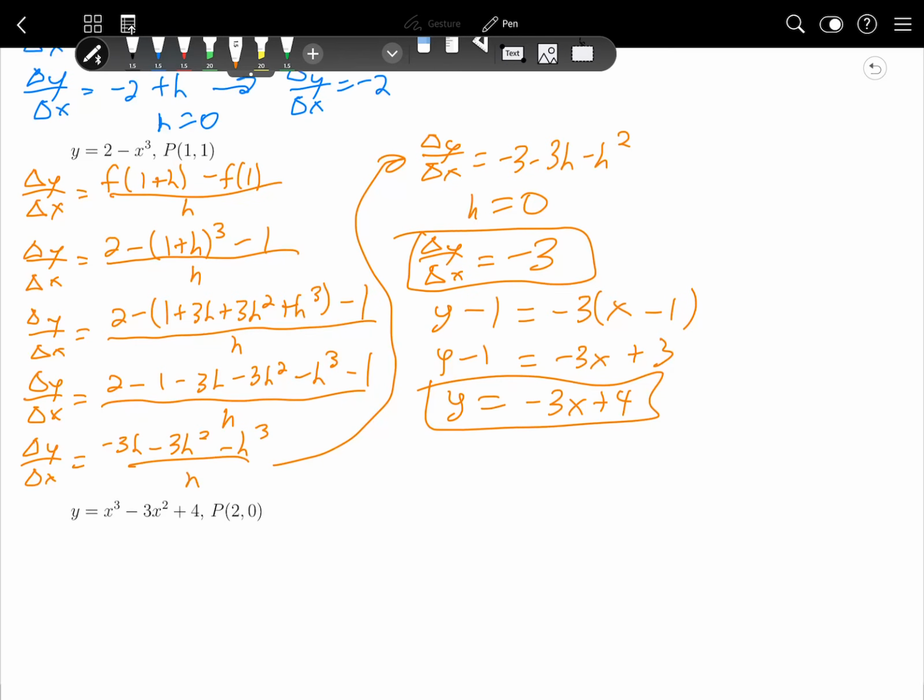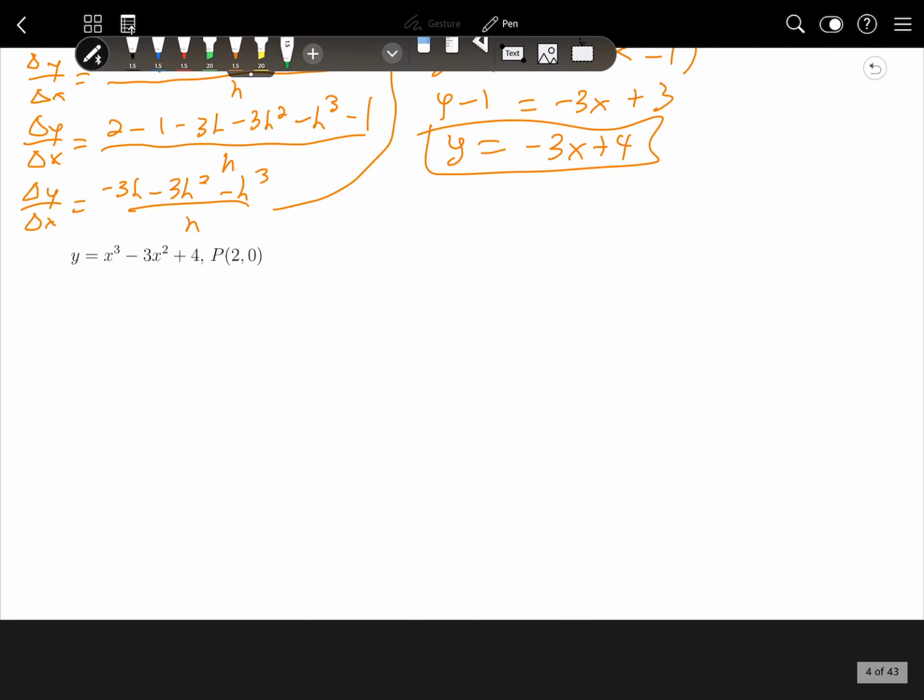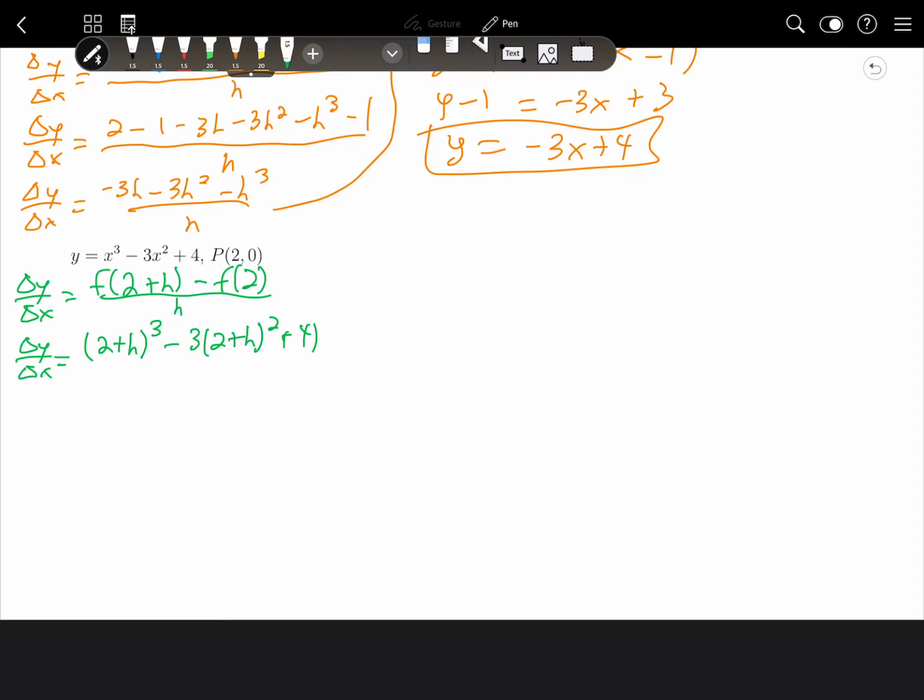And so now finally the last one here. So delta y over delta x is going to equal f of 2 plus h minus f of 2 all over h. Delta y over delta x equals, plug in 2 plus h into the function, so 2 plus h cubed minus 3 times 2 plus h squared plus 4 minus f of 2. Well, f of 2 is 0, so minus 0 all over h.